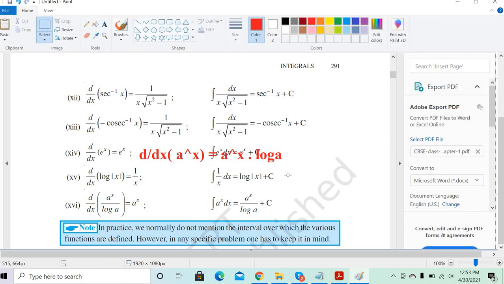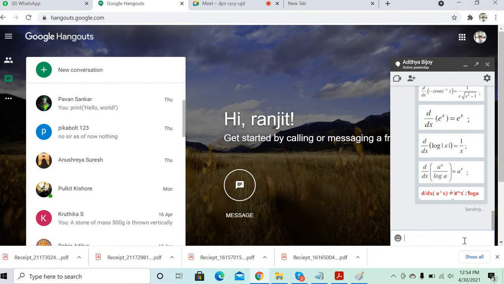So it's something like this, Vijay. When you substitute it here, it becomes a power x into log a divided by log a. Log a cancels, so the answer is a power x only.